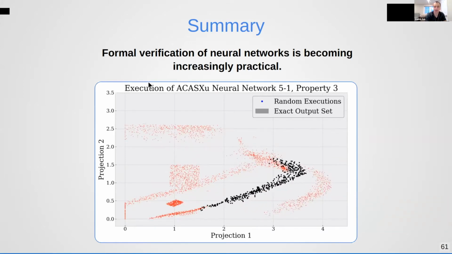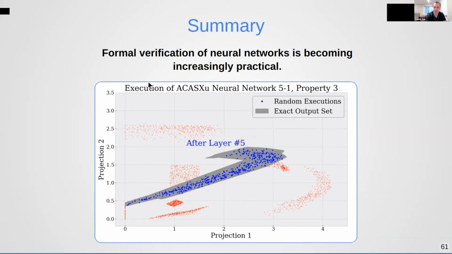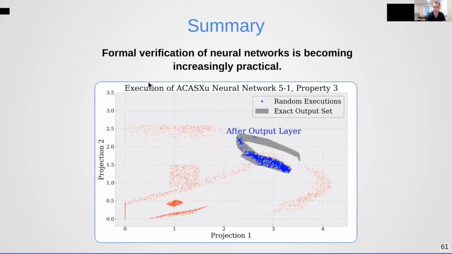And you can see that the outward gray set gets very complicated. This is just 2D projections, but a lot of these are sort of 50 dimensional sets projected down to 2 dimensions. By the final layer in this simple example, it's basically a union of 9,000 different polytopes, and sometimes they're in 50 dimensions, right?